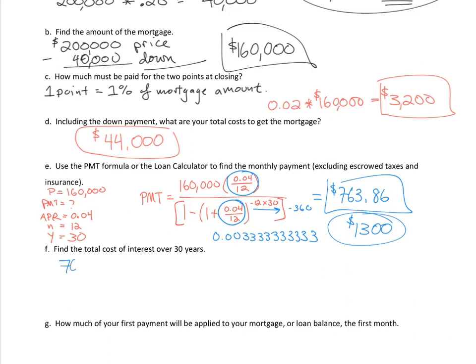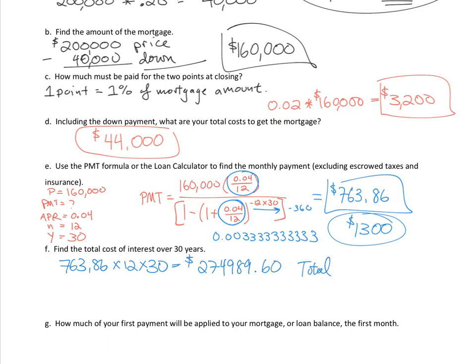So 763.86 times 12 times 30 is $274,989.60. So that's the total.